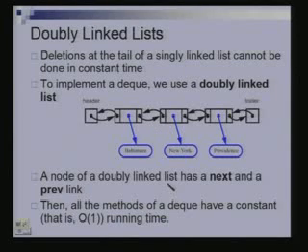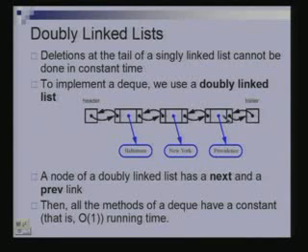Now, using such a list, we can implement all the operations of a double-ended queue in constant time. Why? The problem earlier, if you recall, was how do I delete this node which is at the end? I have pointers to these two sentinel nodes, header and trailer.